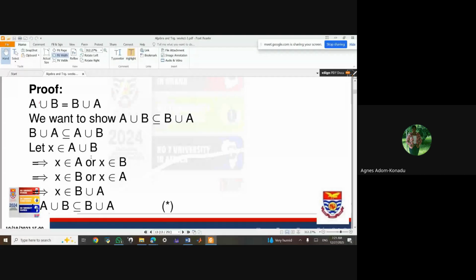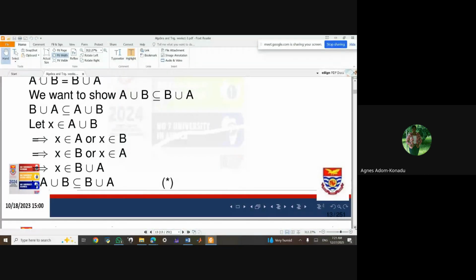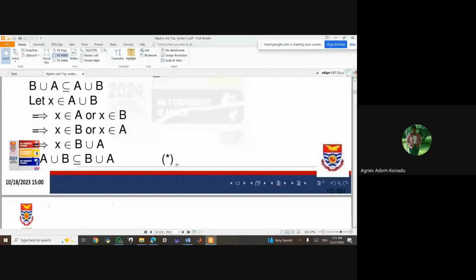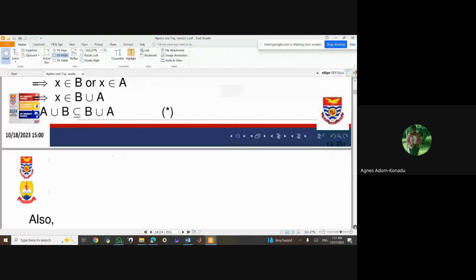Then the next one, I want to prove that if X is in B union A, then it is in A union B. Okay, so that is the first one. So we can call this one equation star. Then we come to the next one.